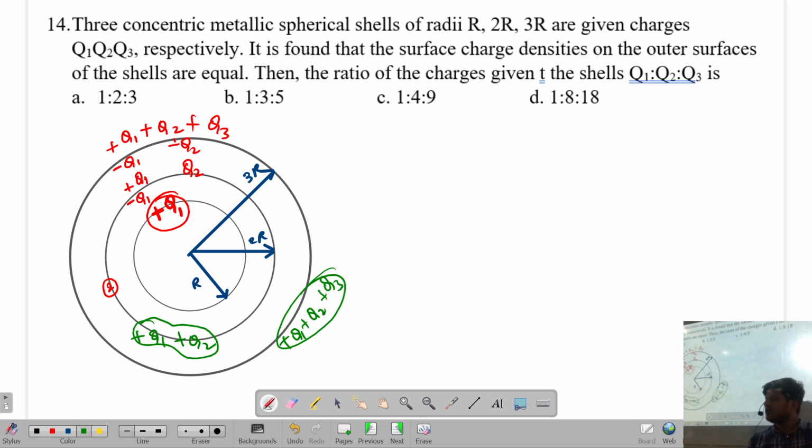Got it? What is it saying? The sigmas on all of these are similar. So sigma of shell R is equal to sigma of 2R, and equal to sigma of 3R. Now the question is, which formula should I apply to solve this?